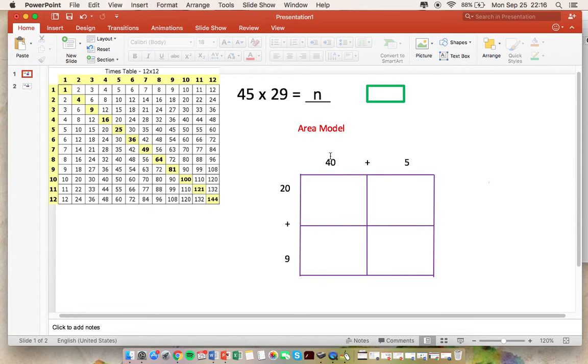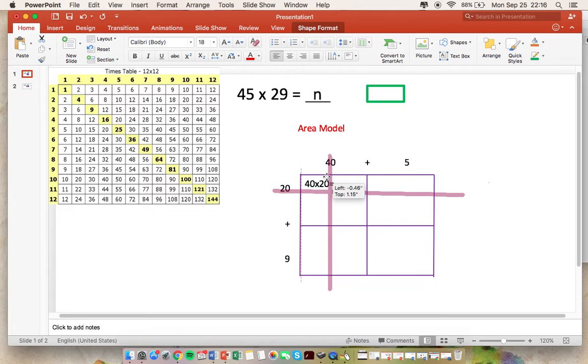So I'll draw my 40 straight down, and I'll go to my 20 and go straight across. And I see that they meet here. So I know that this is 40 times 20 equals blank, and I'm going to put that at the top so that it's out of my way and I have plenty of space in my box.